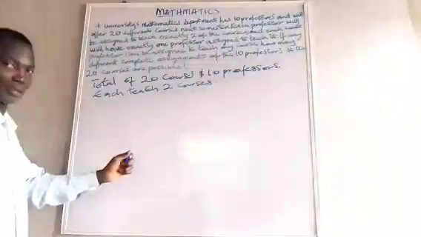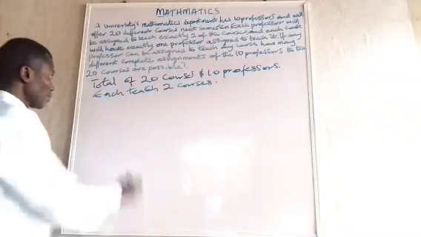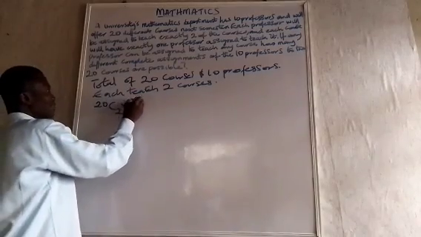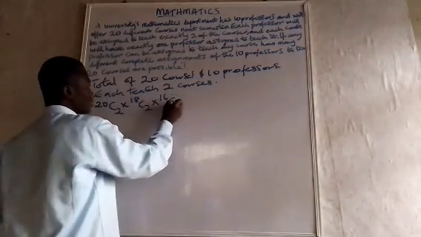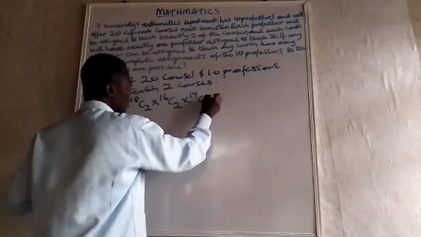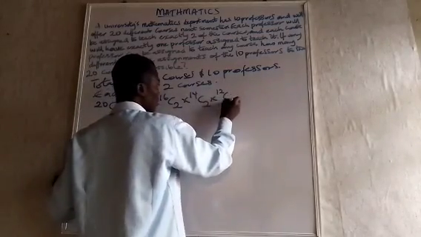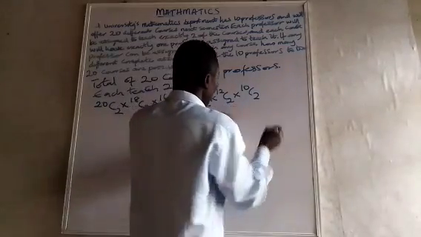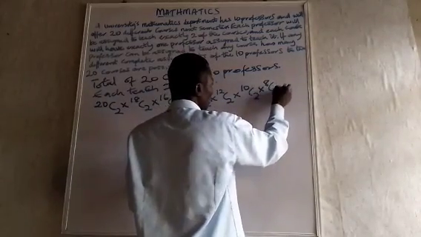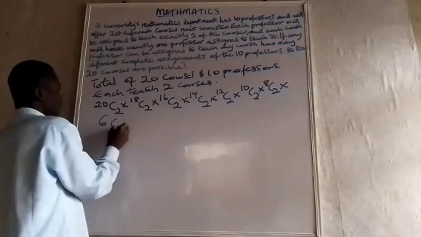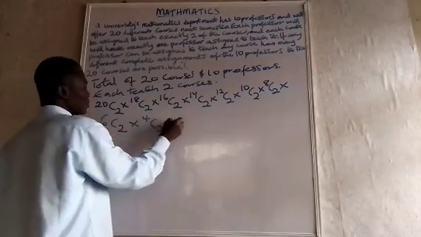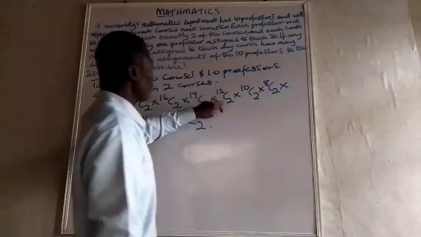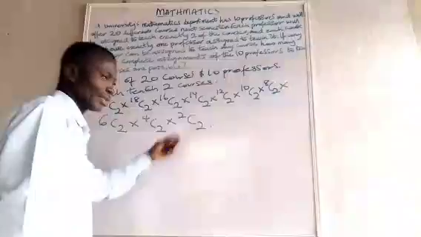So the way to select for the 10 professors is going to be 20C2 times 18C2 times 16C2 times 14C2 times 12C2 times 10C2 times 8C2 times 6C2 times 4C2 times 2C2. So we are going to have 1, 2, 3, 4, 5, 6, 7, 8, 9, 10.